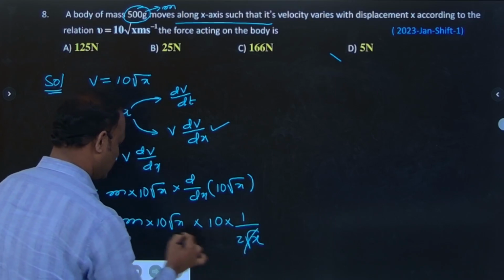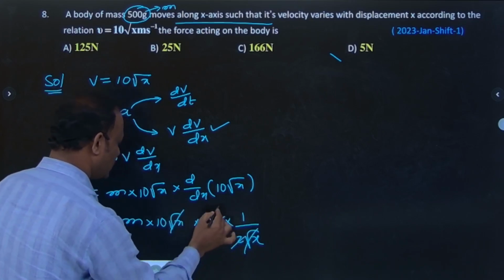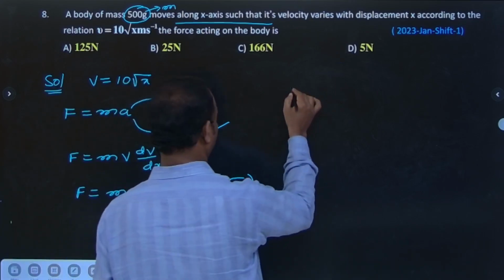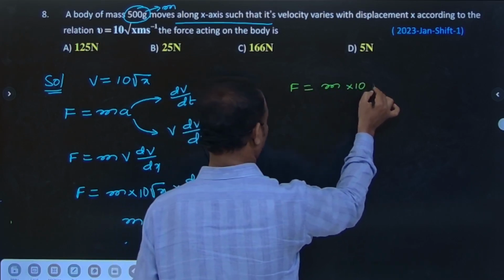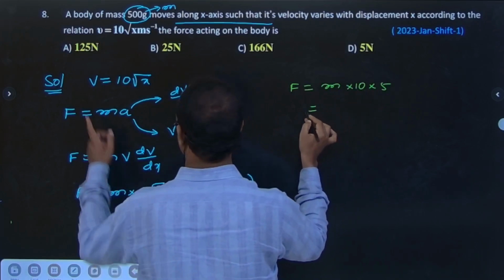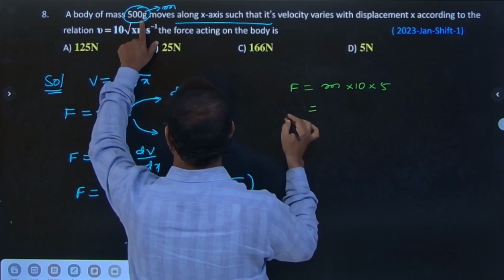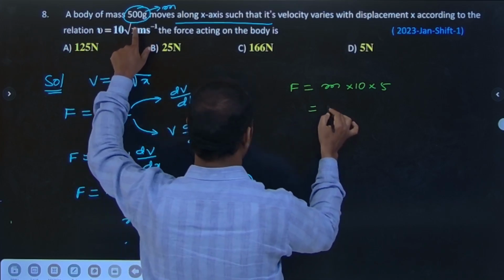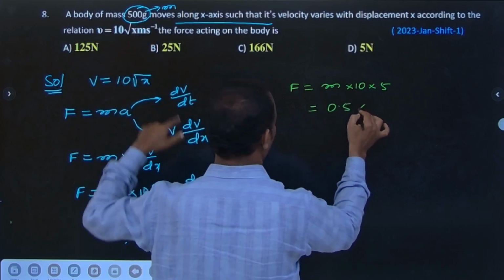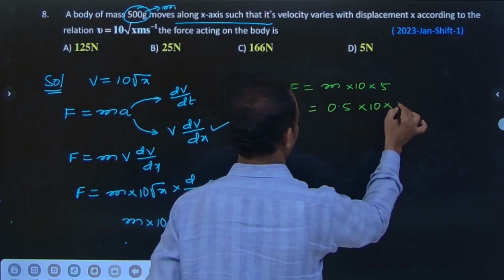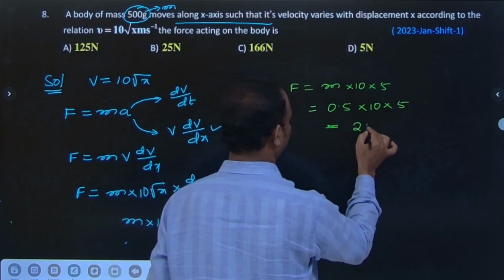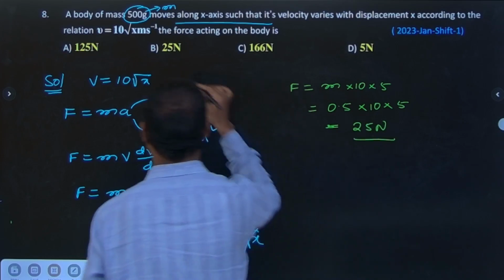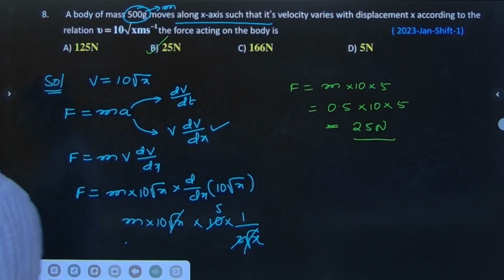Root x and root x cancel, 2 tens are 5. So F is equal to m into 10 into 5. The mass is 500 gram, which is 0.5 kg, into 10 into 5. So 5 fives are 25 Newton. Option B is correct.